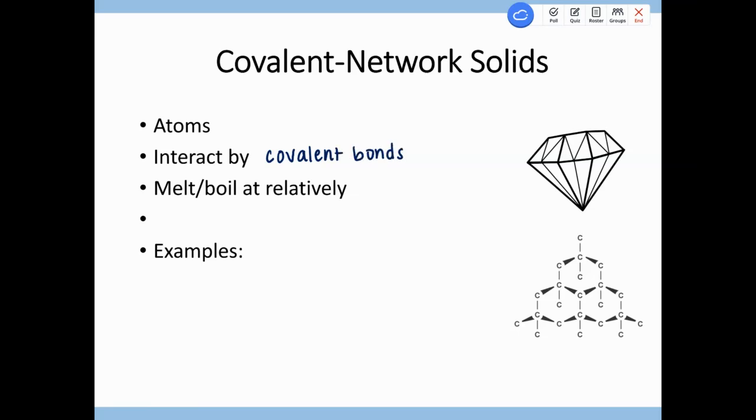Covalent bonds are strong interactions. Covalent network solids melt and boil at relatively very high temperatures. I don't know if you've ever heard of melting a diamond. It can occur, but at very high temperatures. And one unit we describe as these atoms covalently bonded throughout.